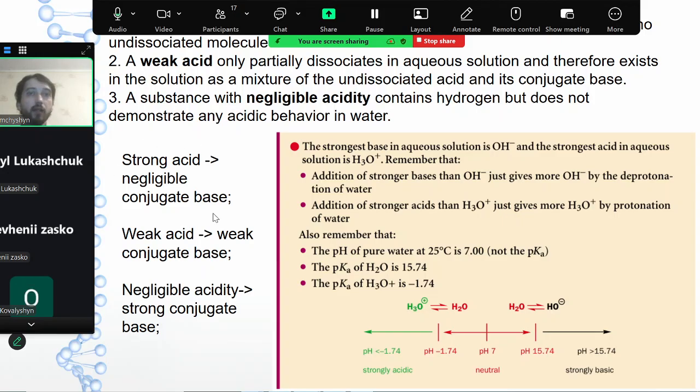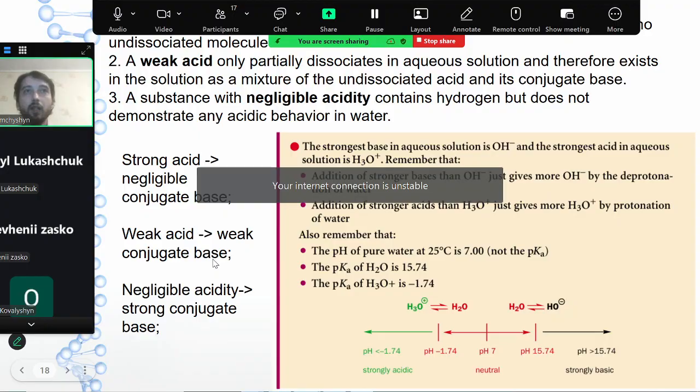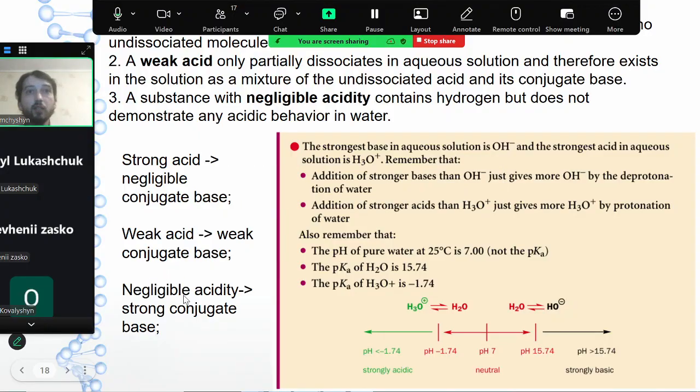So a strong acid means that the conjugate base is almost, you cannot consider it a base, actually. It doesn't do anything. If your acid is weak, the conjugate base will be weak.